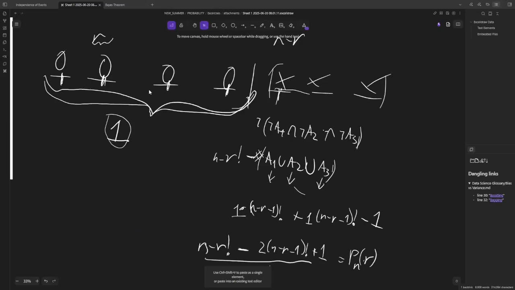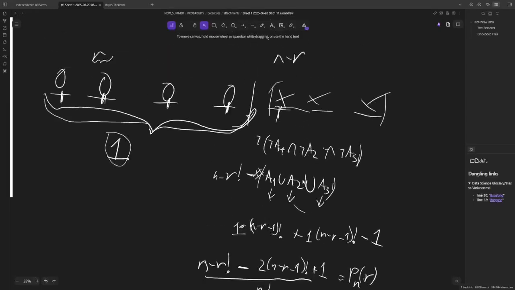There is one combination of all correct, and then n minus r minus 2 and minus r plus 1 combinations of all of this being incorrect.